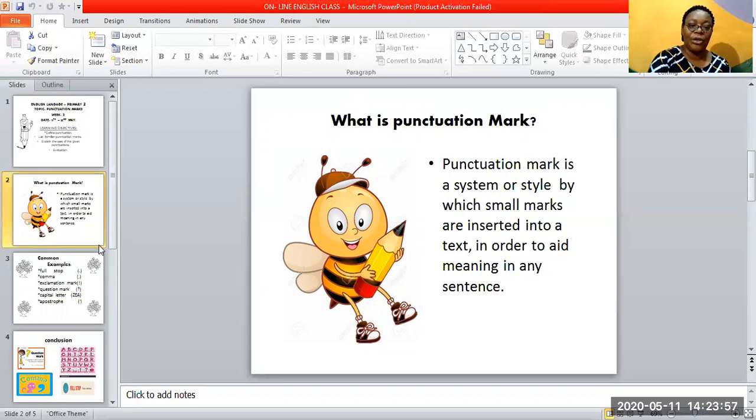Now, let's move forward. I have been able to say that the punctuation mark is the system of style by which marks are inserted into a text in order to aid meaning in any sentence. The punctuation mark involves full stop, question mark, inverted comma, comma, apostrophe, hyphen, exclamation mark.